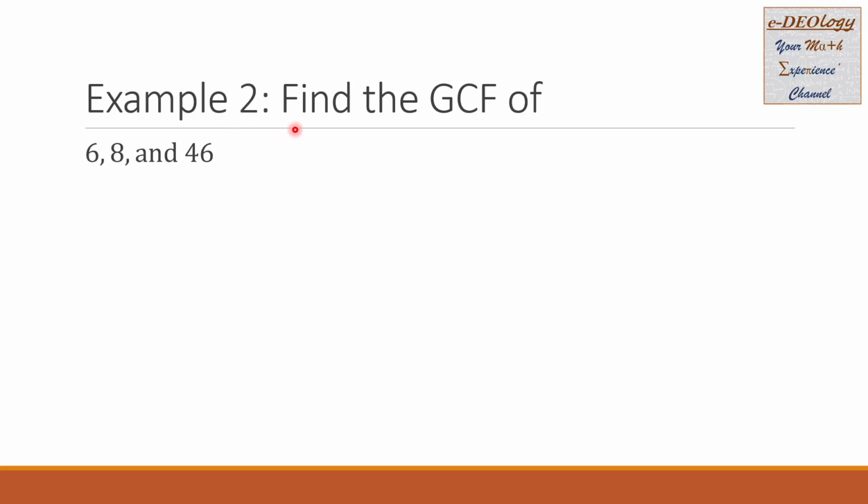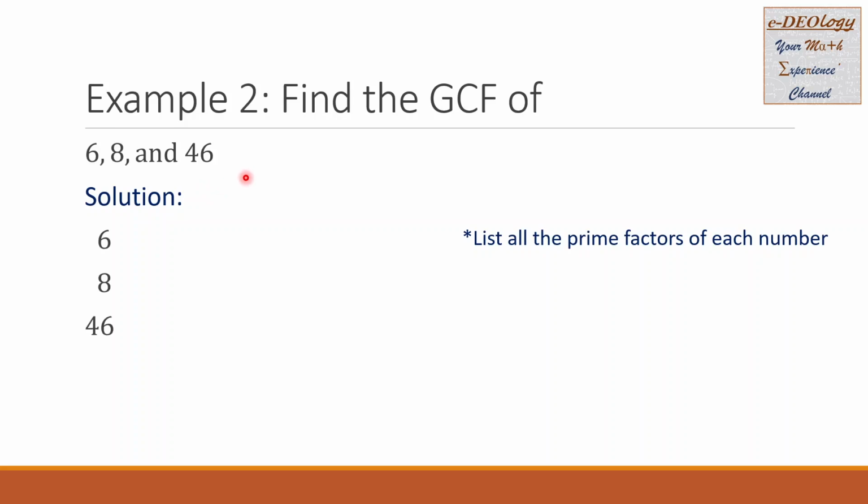Example 2. Find the GCF of 6, 8, and 46. We're going to list all the prime factors of each number. Let's begin with the number 6. The prime factors are 2 and 3. For number 8, the prime factors are 2 times 2 times 2.